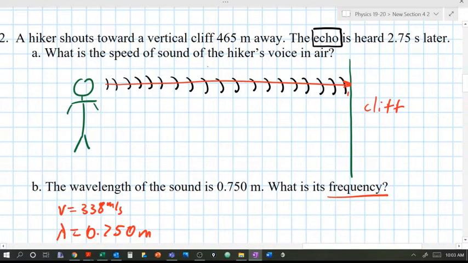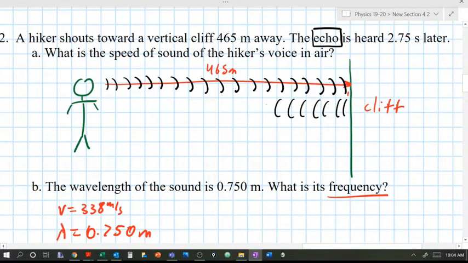And it's going to travel 465 meters to that cliff. Now the person hasn't heard his echo yet. He may have heard himself when he first shouted, but he hasn't heard his echo yet. An echo is when you hear that sound twice. And the reason you hear that sound twice is because it's going to hit some object like a cliff, and then it's going to reflect or change direction.